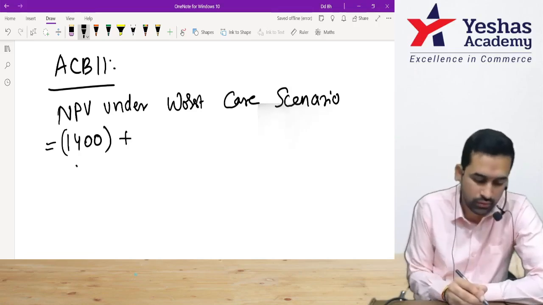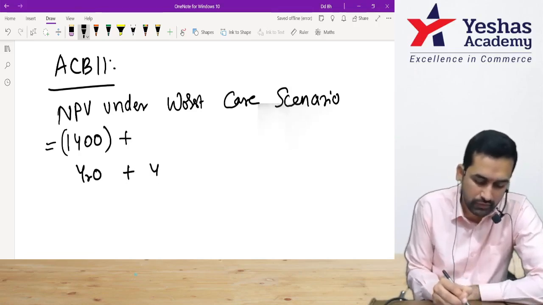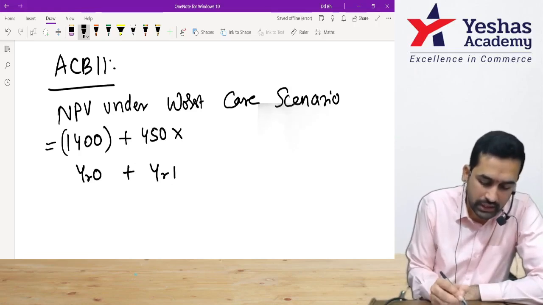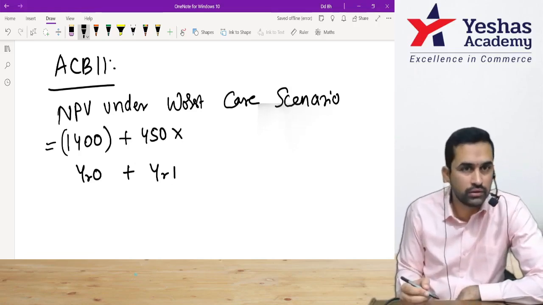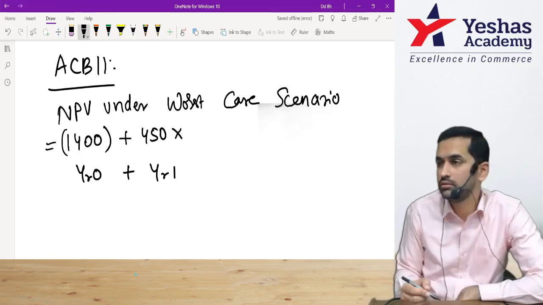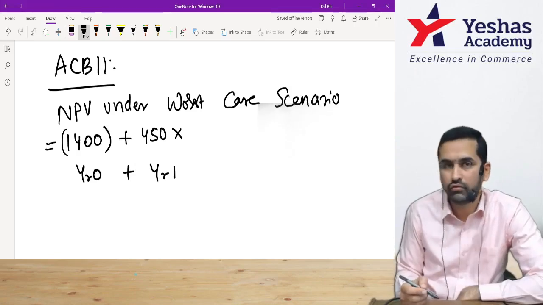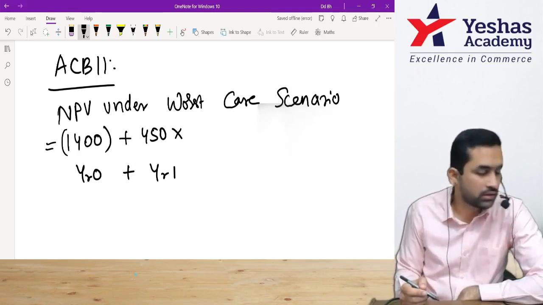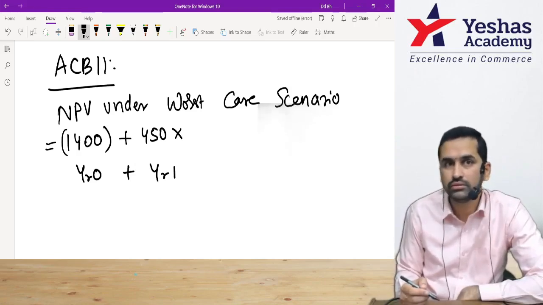This is year 0, correct? Year 1, 450, but this is at the end of year 1. This should be multiplied with discounting factor for year 1. Discount rate is 9%.